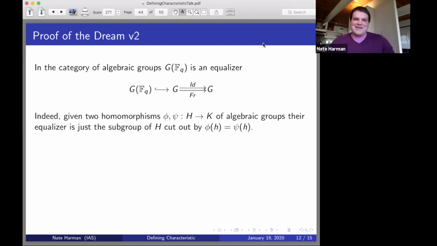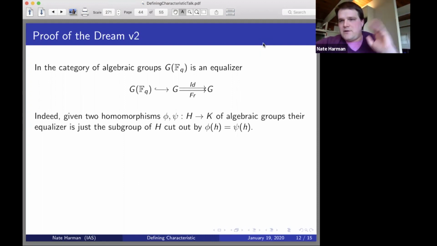So in the case for F_q, I'm just saying when is X equal to the Frobenius twist of X, and that's exactly the F_q points. So there's nothing in that statement.